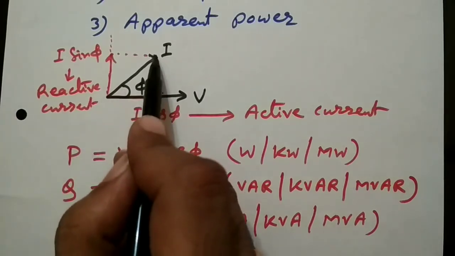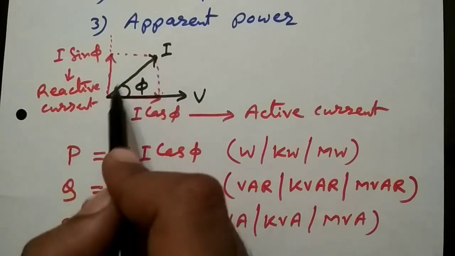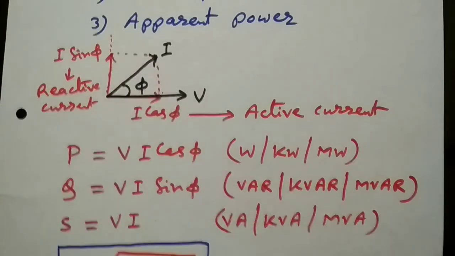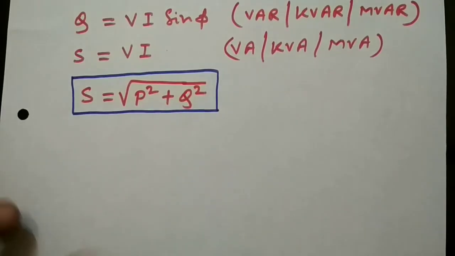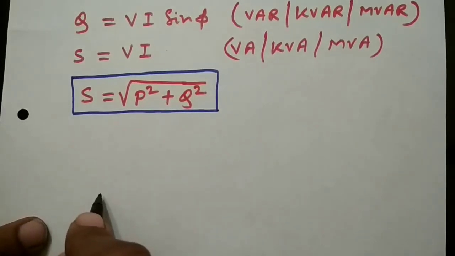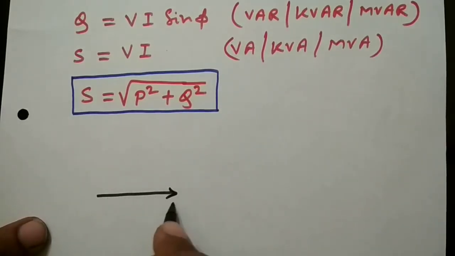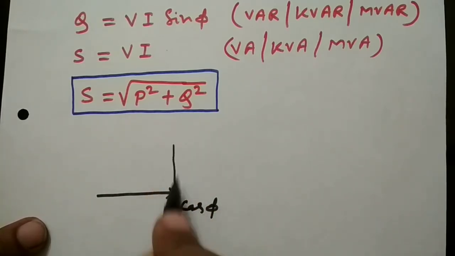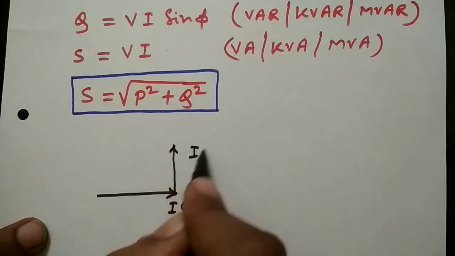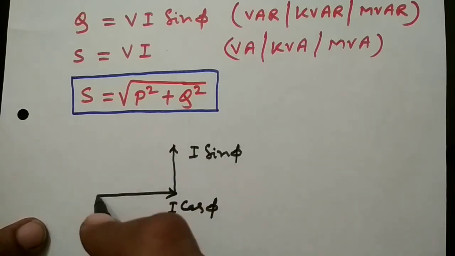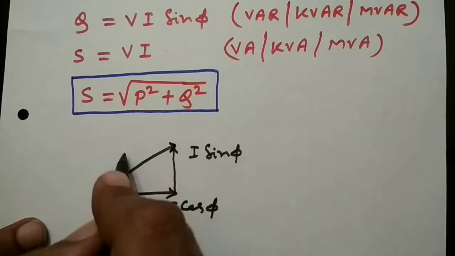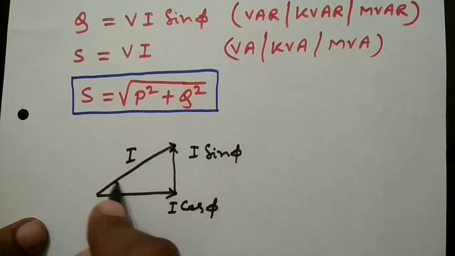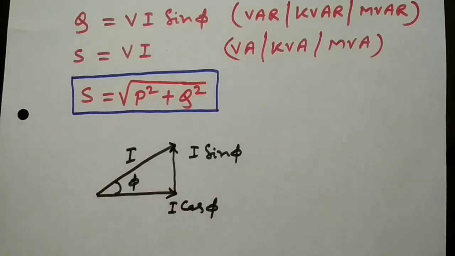Here the vertical part will be I sin phi and the resultant will be I. So it can be drawn as I cos phi, here it will be I sin phi, and it is the RMS value of the current, that is I. This angle is phi. It is considered as a current triangle.